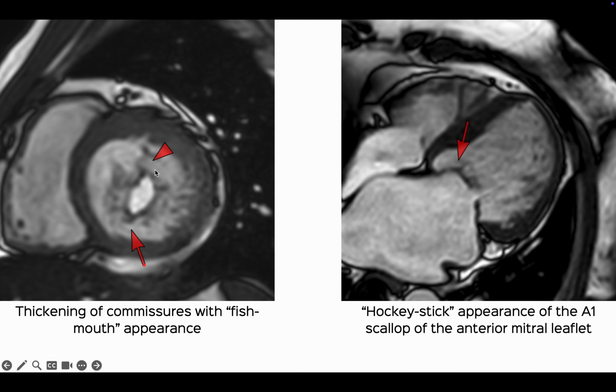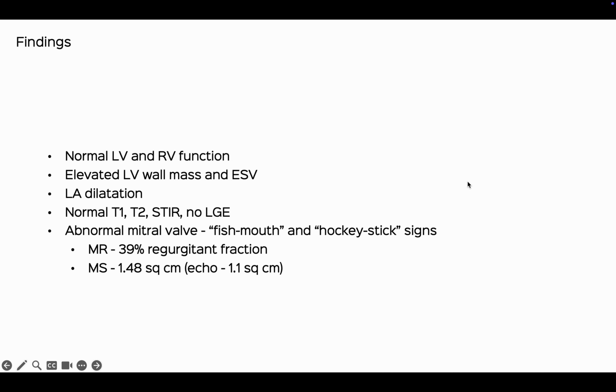More importantly, if you look at the mitral valve at maximum valve opening, we've got clearly significant thickening along the commissural margins here, and that gives rise to this fish mouth appearance if you take it from here to here. And the anterior mitral valve leaflet, the A1 scallop, shows a hockey stick appearance.